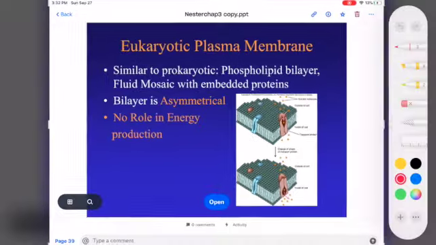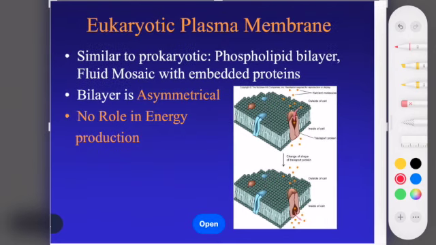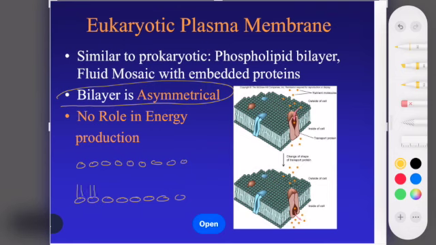And to show you what this means, the bilayer is asymmetrical. It means that the outer layer and the inner layer, you've got all these polar heads here and the hydrophobic tails that are the fatty acids.